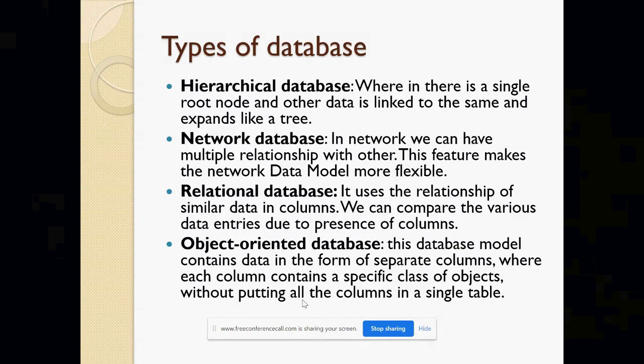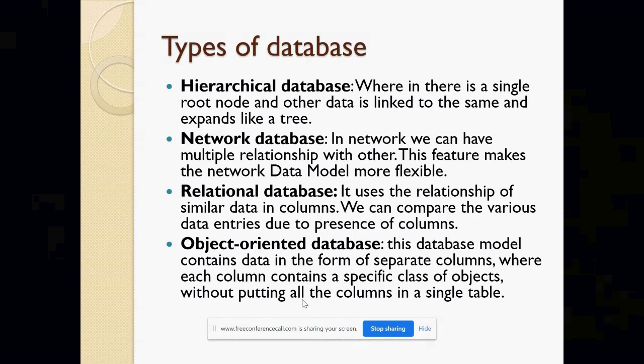So this object-oriented database basically makes the classification of objects in various classes, and these classes are arranged in columns. So here we see that I have written that this database model contains data in the form of separate columns. It means the classes are arranged in separate columns, and each column contains a specific class of objects.